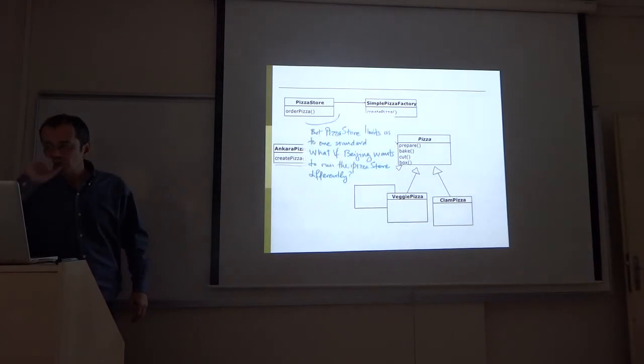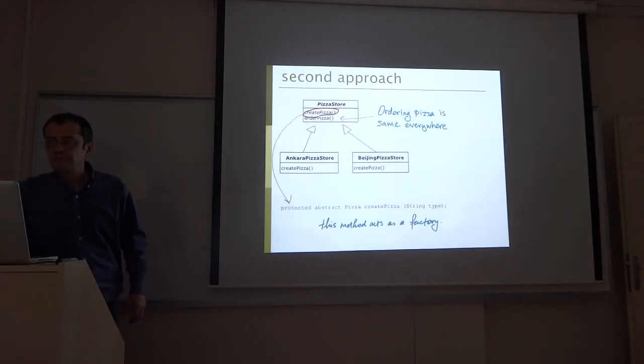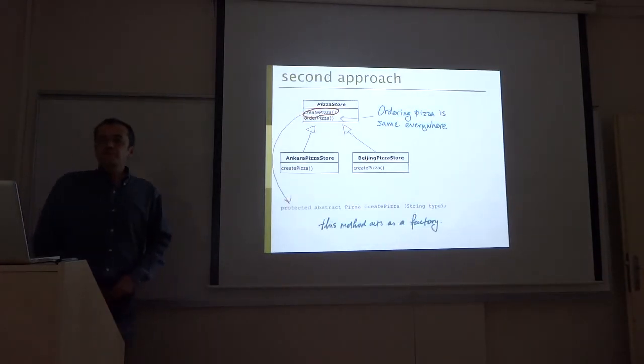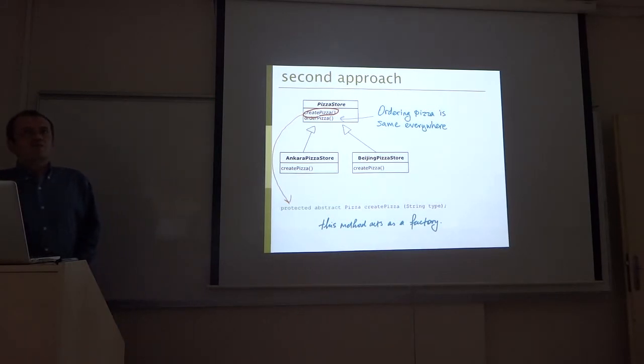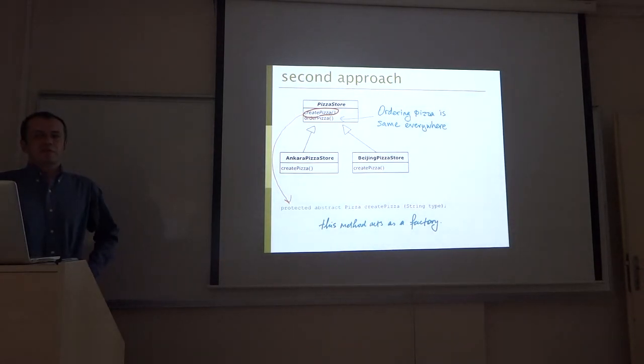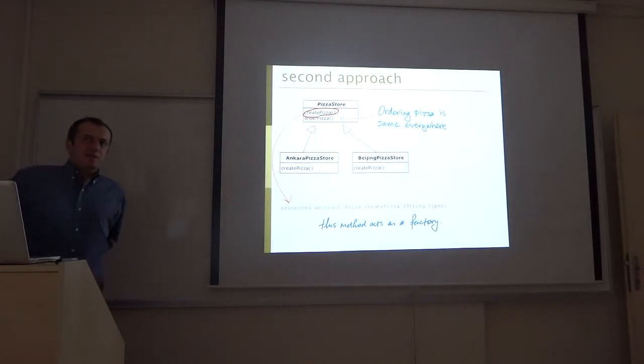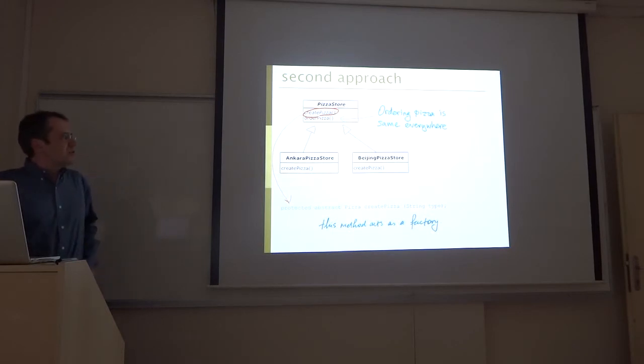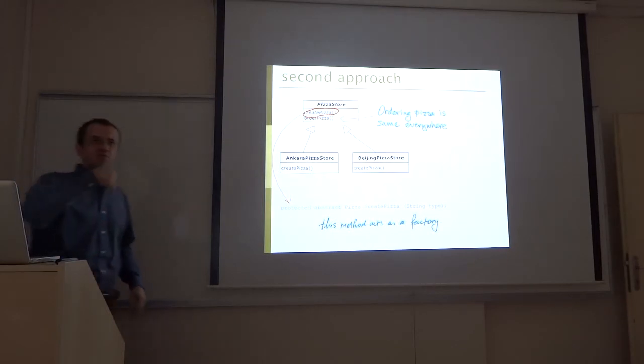And when things get more complicated, what I do is this. When I order a pizza, or when I create a pizza, some things are the same actually. There are some things the same, so I don't need to repeat them all.